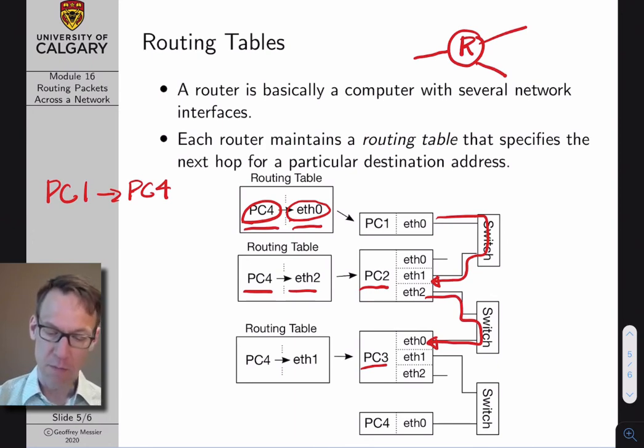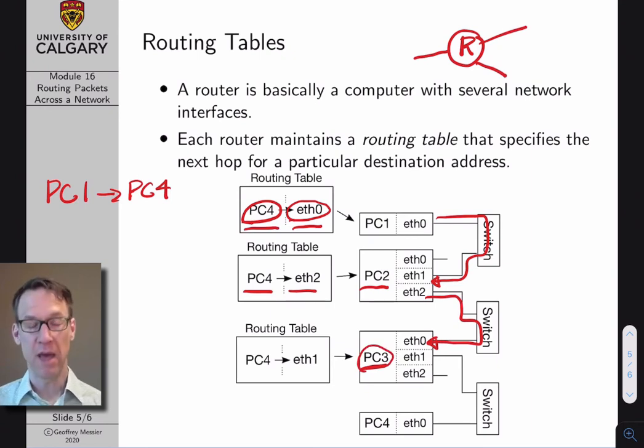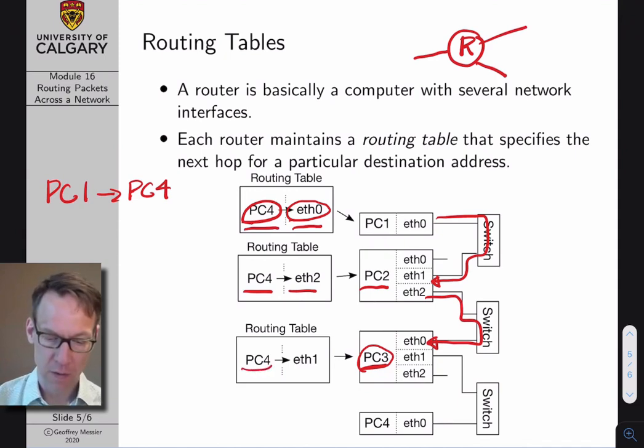And anyways, the packet arrives on Ethernet interface 0 at PC number 3. PC number 3 is going to take the packet, look at it, see that it's not addressed to PC number 3, so it needs to be forwarded on. And so PC number 3 will look up the address for PC number 4 in its routing table, see that it is supposed to send that packet out over Ethernet interface 1.